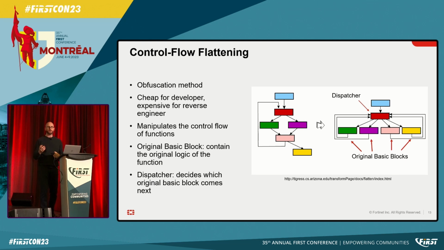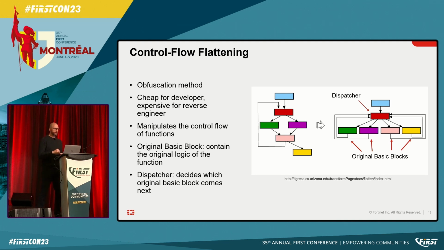That's an open source obfuscator. If you have time, it's worth playing with it. What you can see on the left side is the original control flow graph. And when you look at it, although we don't know anything about this function, we can still figure out a lot just by looking at it. There is some decision in the middle, there's a loop, it goes back, and at some point the loop ends and it goes to some kind of end state.